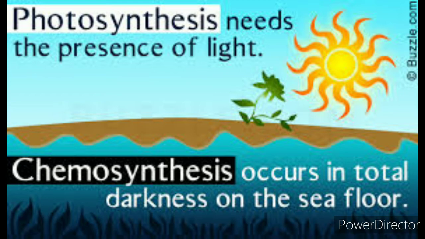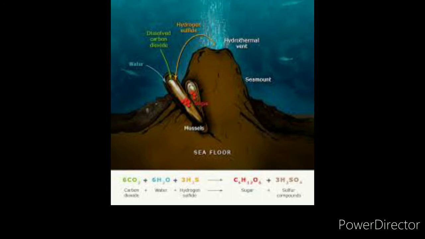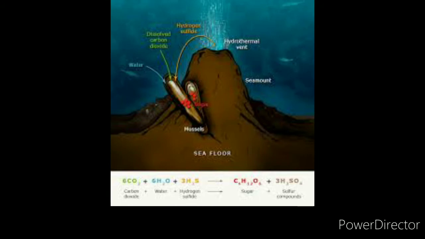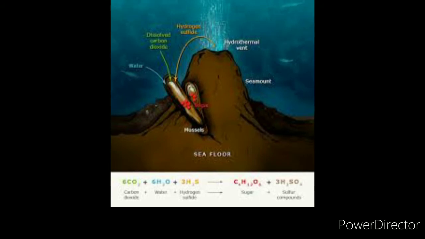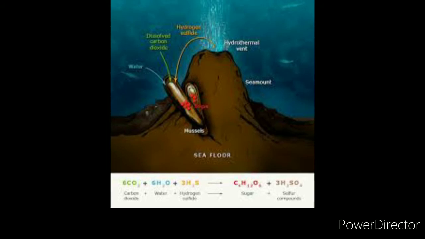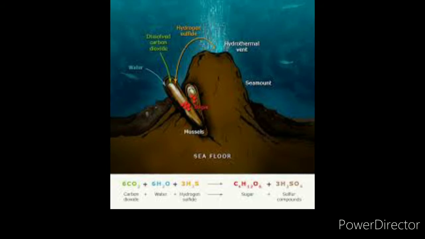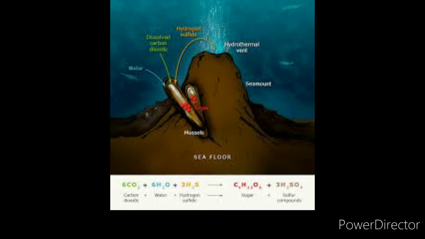So chemosynthesis actually happens deep in the sea floor in certain hydrothermal vents. Hydrothermal vents are parts of the sea floor through which the hot temperature inside the mantle of the earth will be expelled to the outside environment.